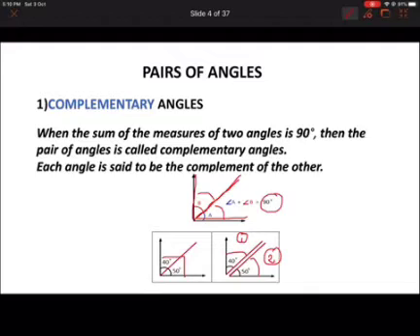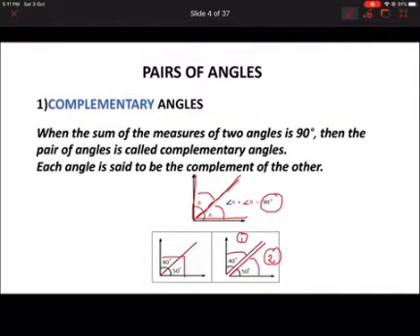The first angle is 40 degrees. The second angle is 50 degrees. What is the total? It is 90 degrees. Such a pair of angles is called complementary angles. Can you think of a pair of angles where the sum is 90 degrees? I'm sure you all can. What about 30 degrees?